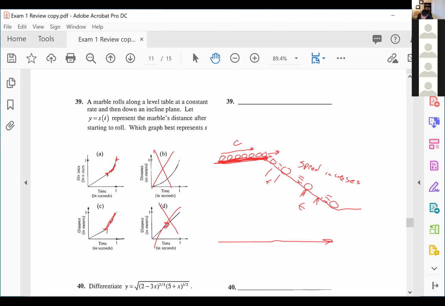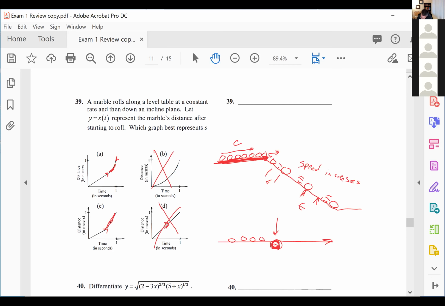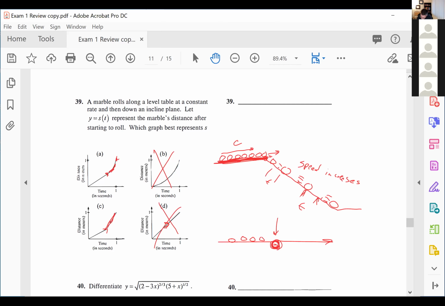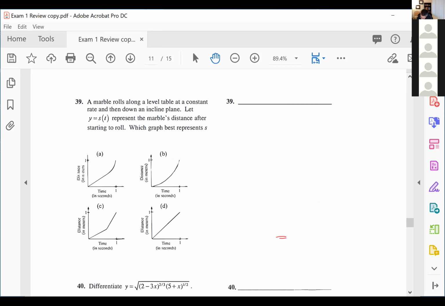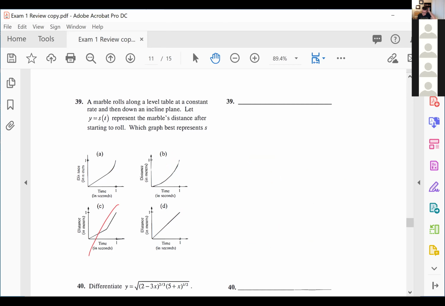If you ever played with Hot Wheels, I don't know if you played with Hot Wheels as a kid, but if you had a marble and then you had this little thing that's a kind of bumper here, on a motor, and then it hit this thing and it sped out faster, that's how you would get C. But the only one that makes sense is A.